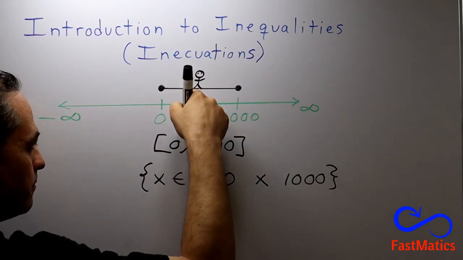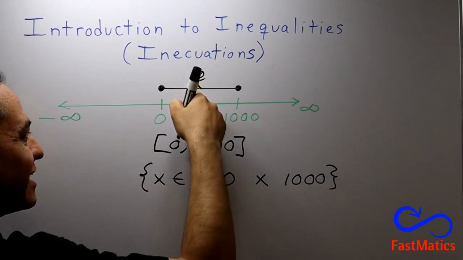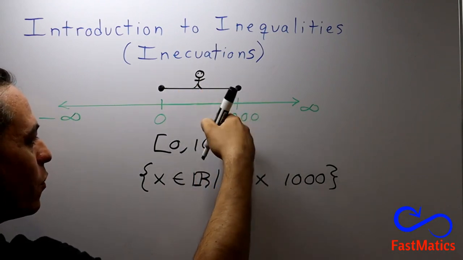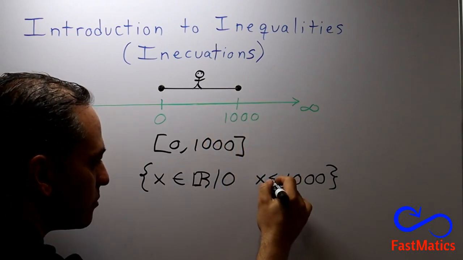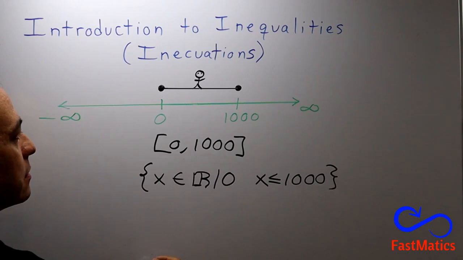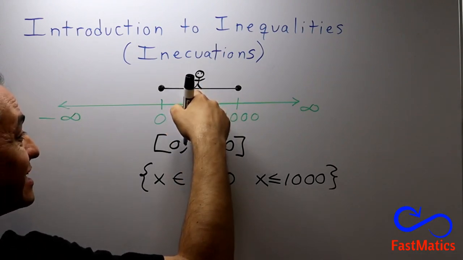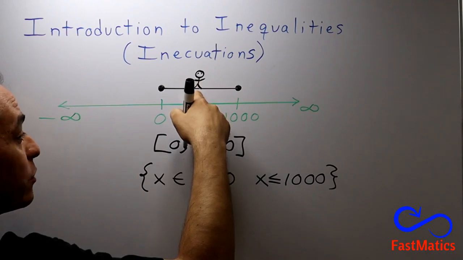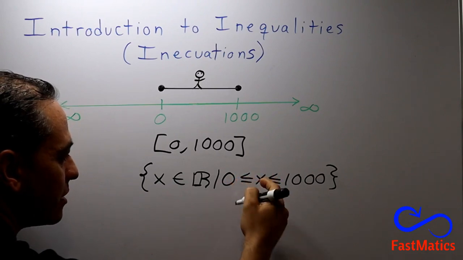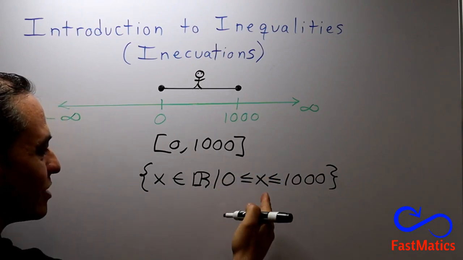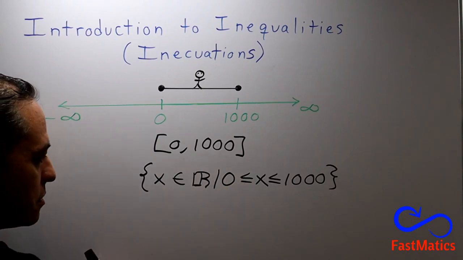If you are here, you are over a number that is less than or equal to 1,000. So you write less than or equal to 1,000. But if you are here, you are also in a number that is greater than or equal to 0. So you put a number that is greater than or equal to 0, because you can read from left to right, greater than or equal to 0.